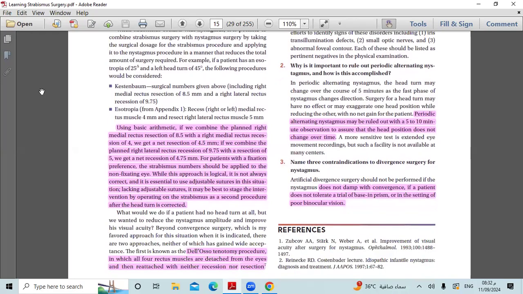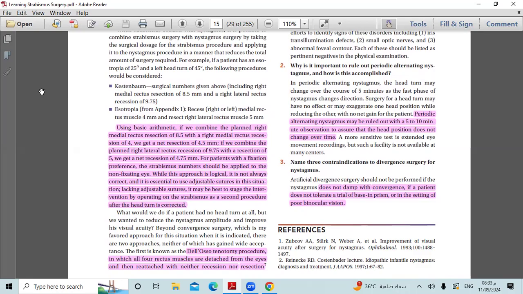Kestenbaum, surgical numbers given above, including right medial rectus resection of 8.5 mm and right lateral rectus recession of 9.75. Esotropia from Appendix 1: recess right or left medial rectus muscle 4 mm and resect right lateral rectus muscle 5 mm.